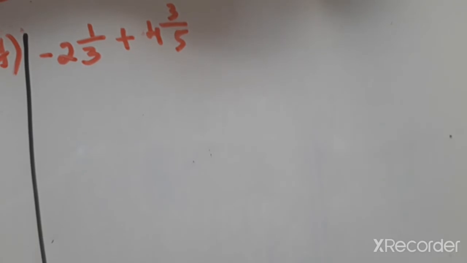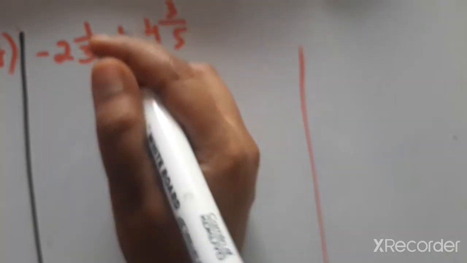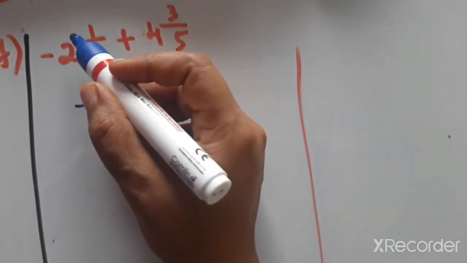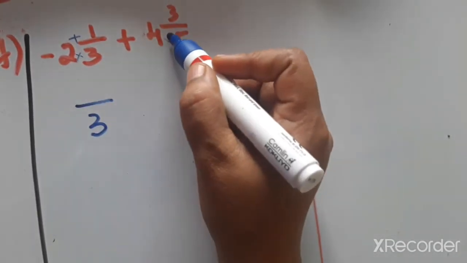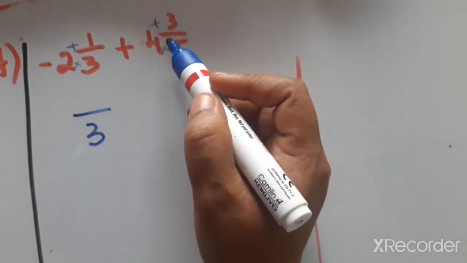Now 7th question. Here they are given mixed fractions, so first we have to convert into improper fractions. How to convert a mixed fraction into an improper fraction? Write the denominator as it is, and here you have to multiply and then add. Between these two numbers we have to multiply, and between here plus. Okay.